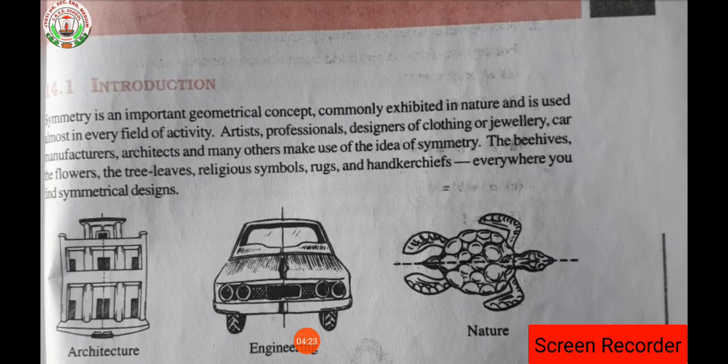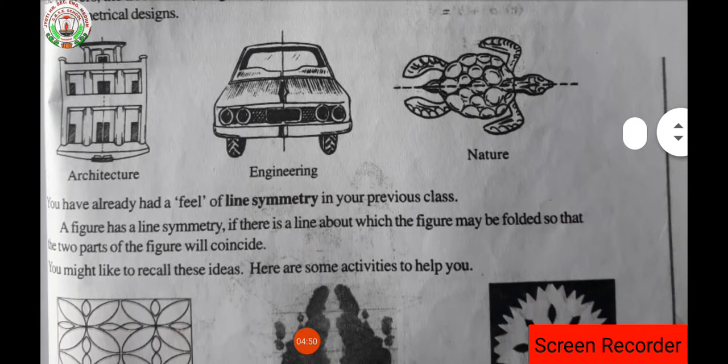Artists, professional designers of clothing or jewelry, car manufacturers, architects and many others make use of the ideas of symmetry. The beehives, the flowers, the tree leaves, the religion symbols, rugs, handkerchiefs, everywhere you can find the symmetrical design, isn't it? These are the examples of symmetry.